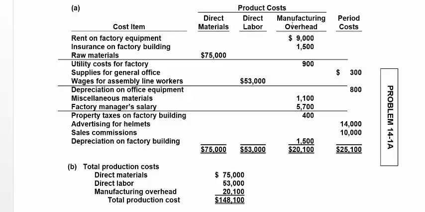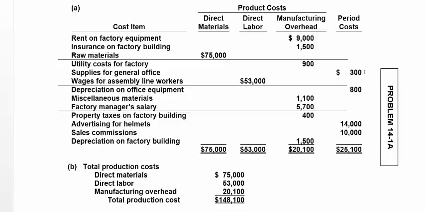Manufacturing overhead, all of those indirect materials and indirect labor and other types of factory cost and expenses all get put into this account called manufacturing overhead, which we are going to talk about in multiple chapters throughout Principles 2. Notice that each one of those were plotted into the column, and if we add those up, we've got $20,100 worth of manufacturing overhead.